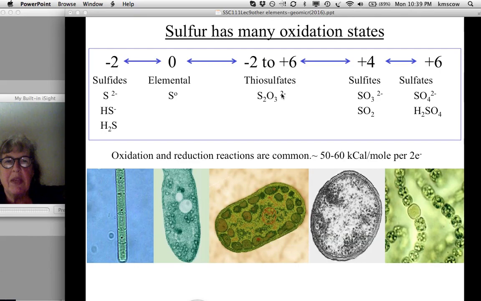And there can be oxidation reduction reactions along the whole way within some organisms, or just between some of these forms for other organisms. There's a diversity of organisms that engage in either sulfur oxidation going this way, or going that way, or reduction of sulfur going in the other direction.